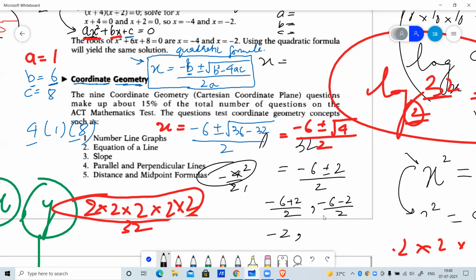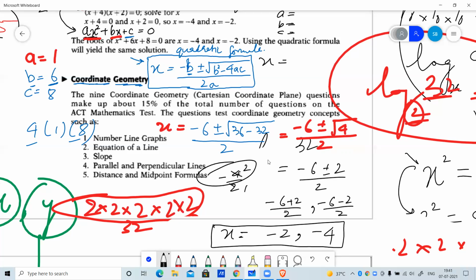So how much is negative 6 minus 2 divided by 2? Negative 8 divided by 2 is negative 4. So you got the value of x as negative 2, negative 4, and that is the answer.